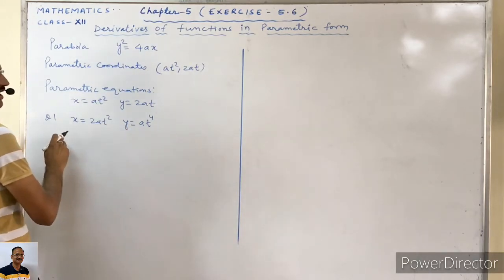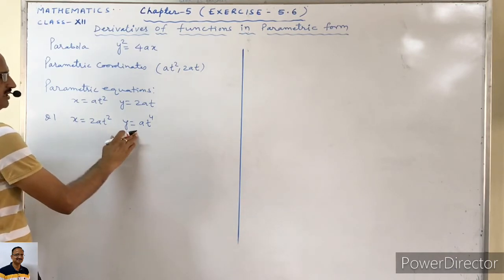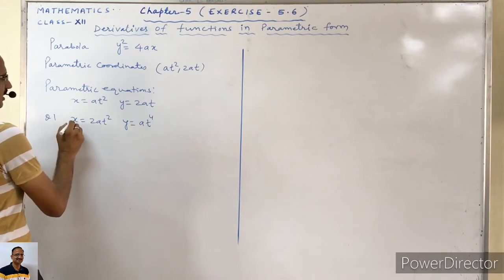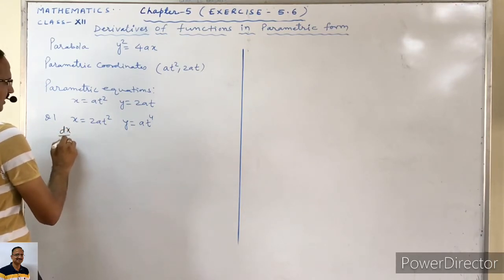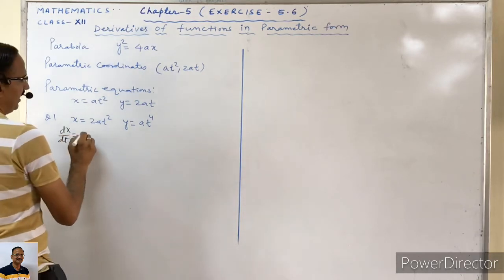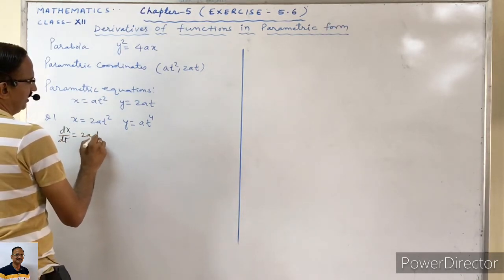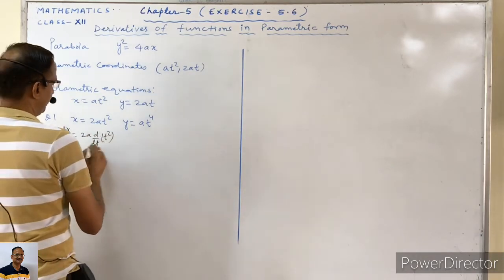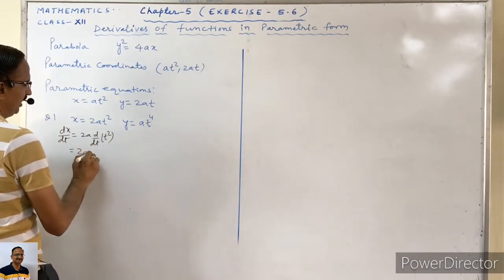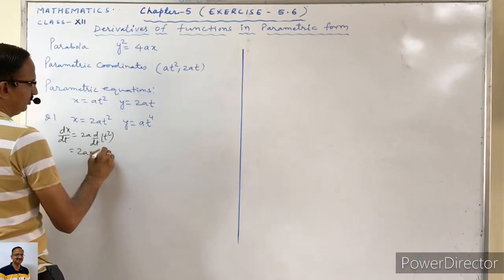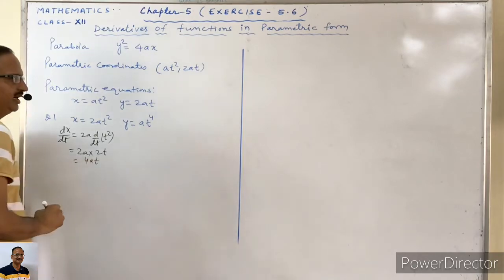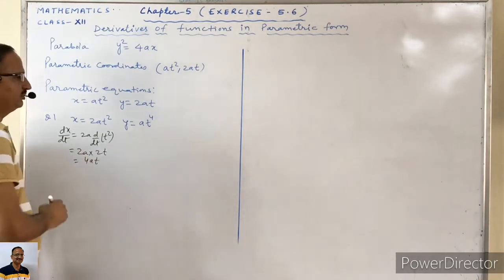So we will find the derivative of both the equations with respect to t. So differentiating this x with respect to t, we will get dx by dt. On right hand side 2a is constant, d by dt of t square. So we can say that this is 2a and its derivative is 2t. So 4at. This is the derivative of x with respect to t.